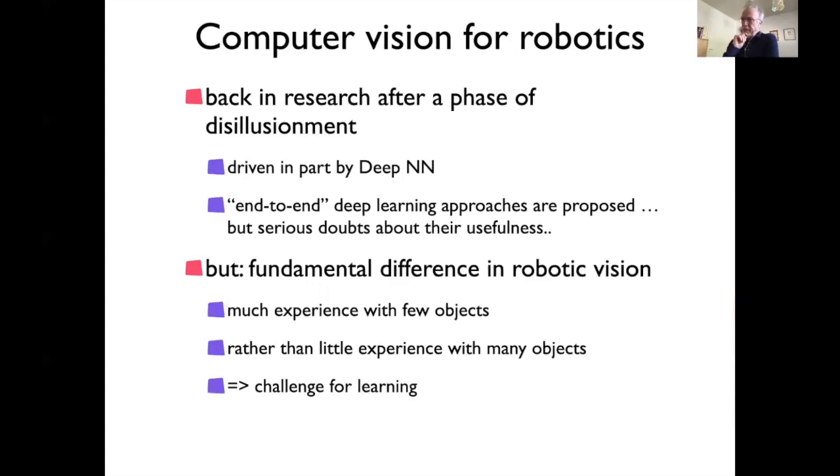So there was a period when computer vision was not used much. The laser rangefinder, the vehicle research was very successful, but people have come back, partly because computer vision has made a lot of progress, in part based on deep networks and other machine learning approaches, in part also just because of the scaling of computing power and generally on learning ideas.